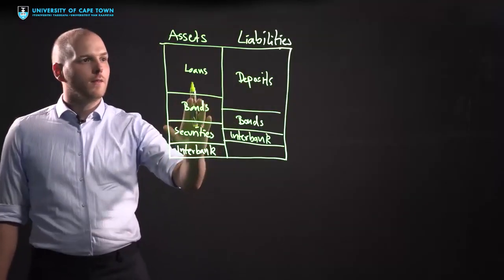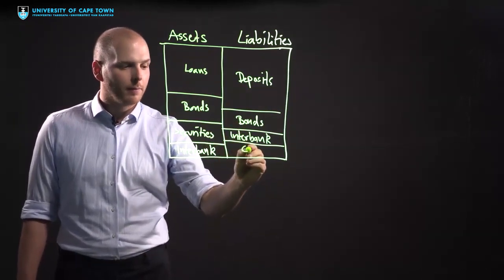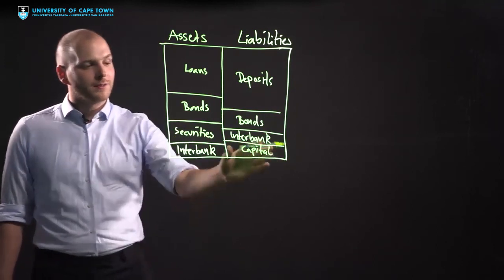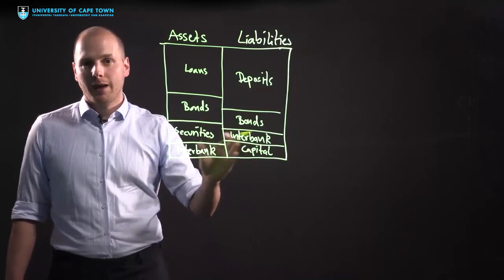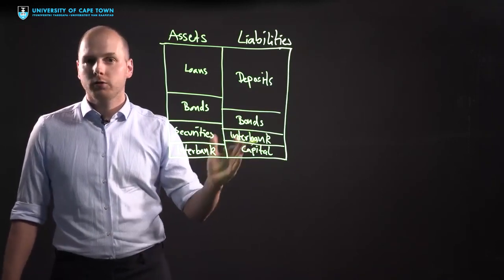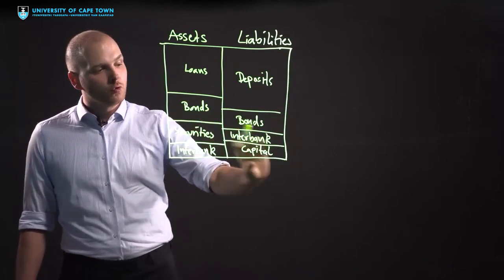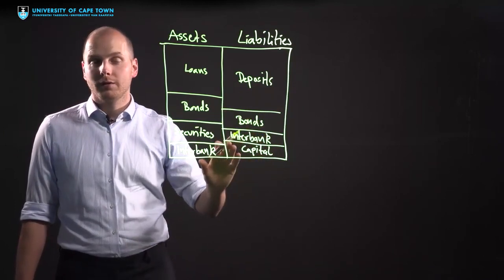The difference between the asset and the liability side, by definition, is called the bank capital. Now, this capital is usually held in the form of equity. So the bank issues stock, and households, for example, invest in the stock of this bank. And there are some rules for how much capital a bank must have, and we will revisit these rules later.